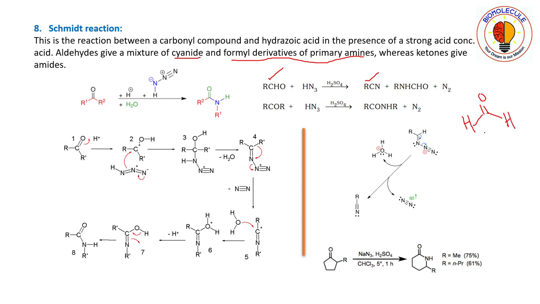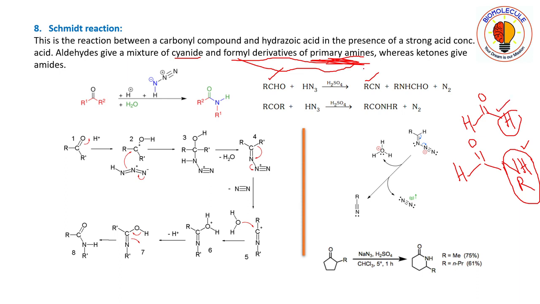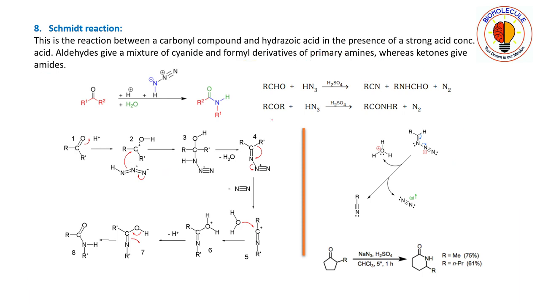So you replace one hydrogen of formaldehyde with a nitrogen group, that is, you are replacing this with an NH2 group or NHR group. Then you will have a formyl derivative of primary amines. You replace this hydrogen with any primary amine group, then you will get a formyl derivative of primary amine. Whereas with a ketone, you will always end up with an amide.